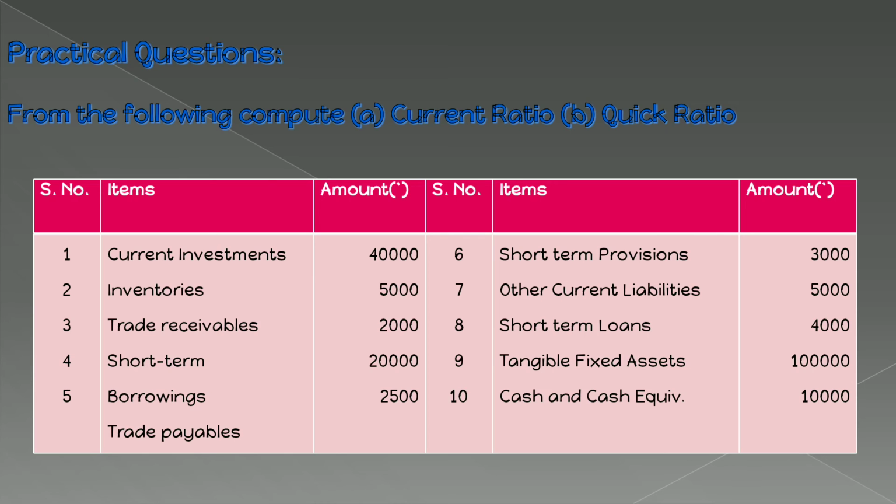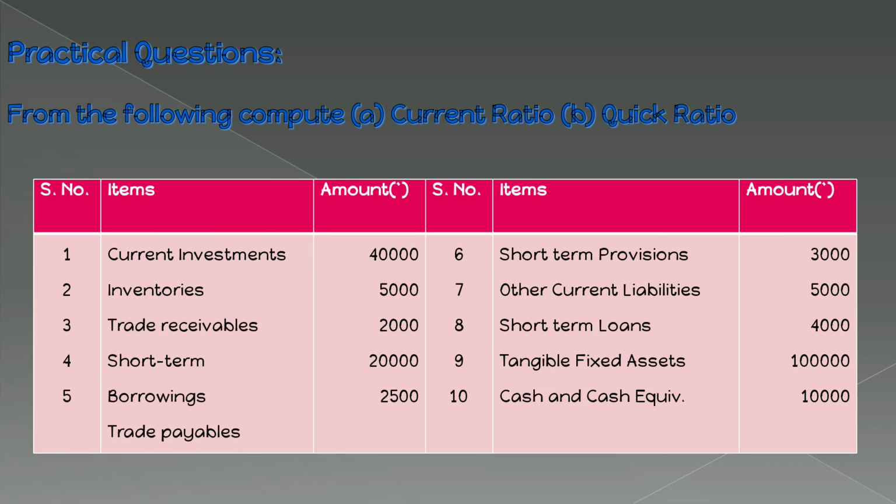Now current liabilities. Here you can see the current liabilities also in blue color. This one is current liabilities, that is 20,000. This one, trade payable, is also current liabilities, and also short term provision and other current liabilities. So what will be the total value of current liabilities? 20,000 plus 2,500 plus 3,000 plus 5,000, that is 31,500.